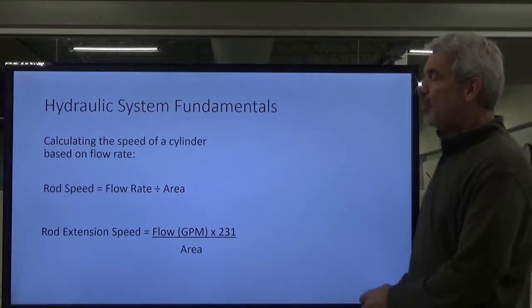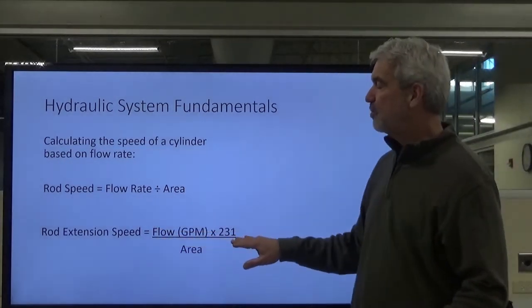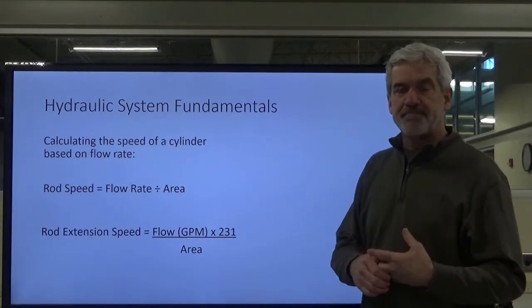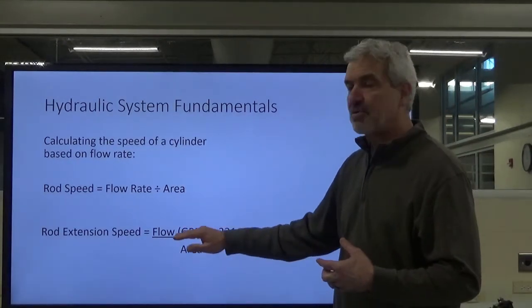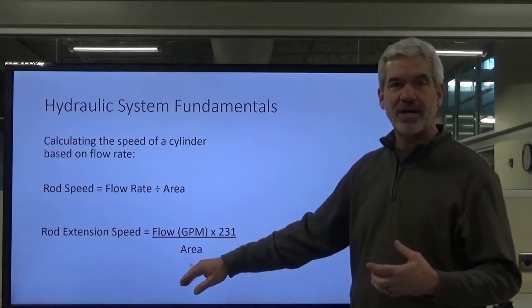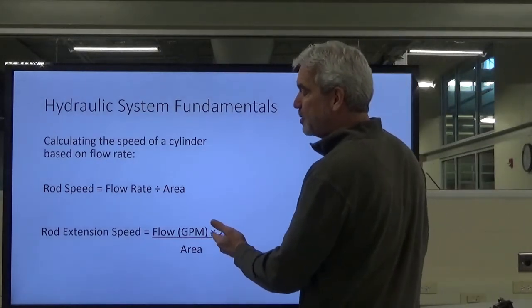Now, we have to first convert our flow rate, our GPM, from our pump. We have to convert that so that it can be compatible with dividing it by its area, okay? You can't divide gallons per minute by area, okay? So what we have to do is we multiply this by 231.